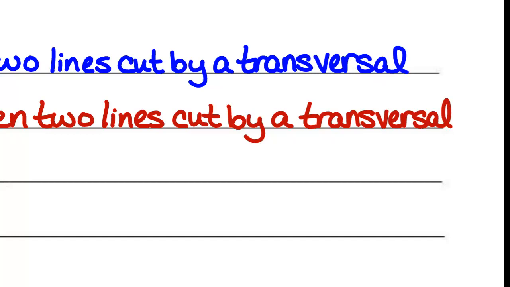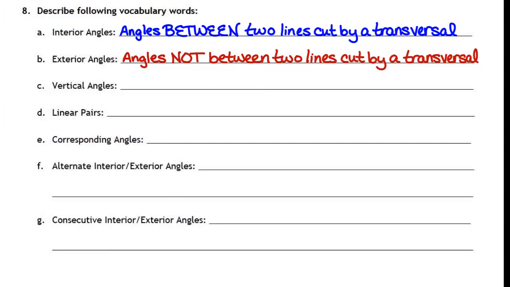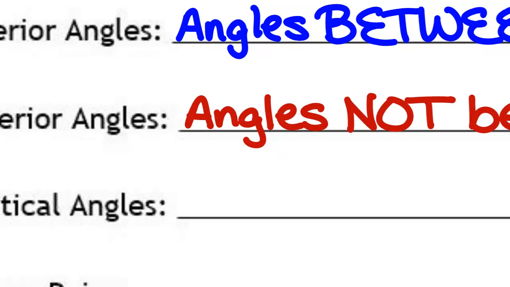Exterior angles, angles that are not between two lines cut by a transversal. My vertical angles. Vertical angles are opposite angles formed by intersecting lines.